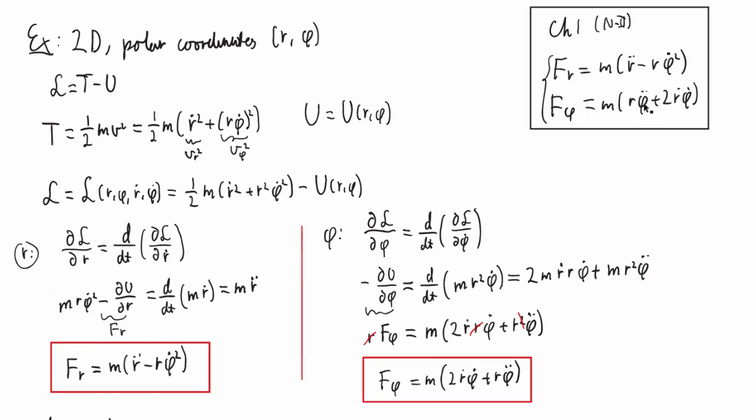Aside from the order of the terms, which doesn't matter, this is the same result that we found up here. So we have found the expression for Newton's second law in polar coordinates in a different way from the way we did it in the beginning of the course, except that now it was really much easier.